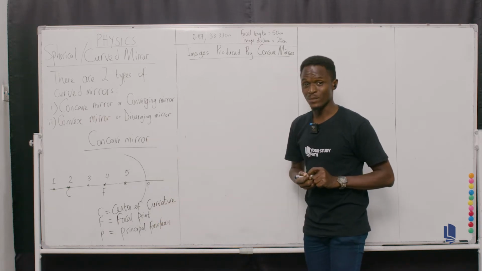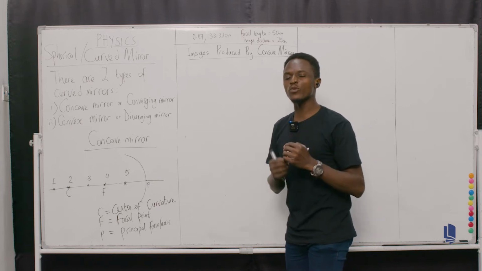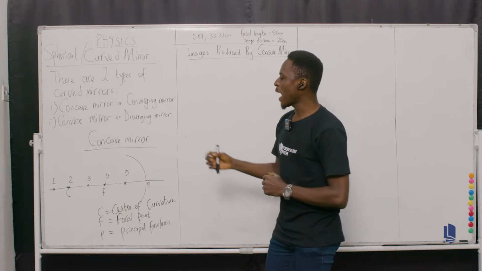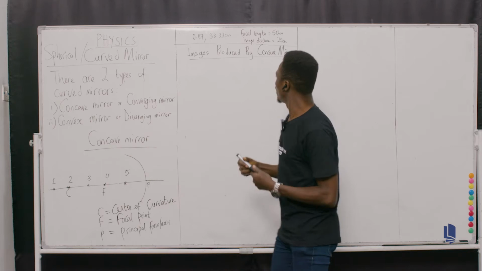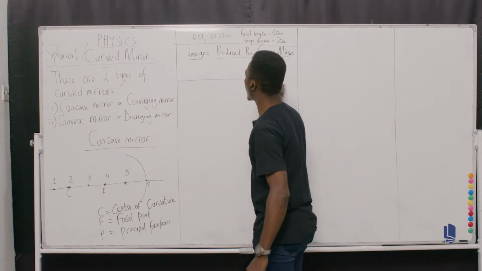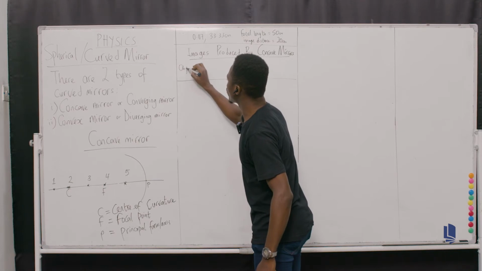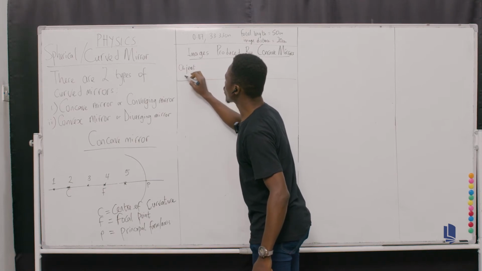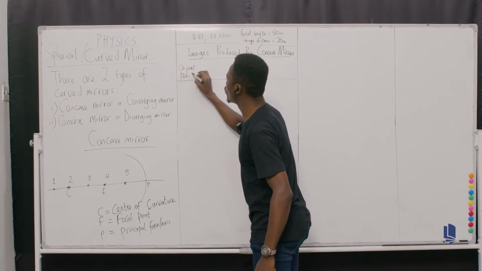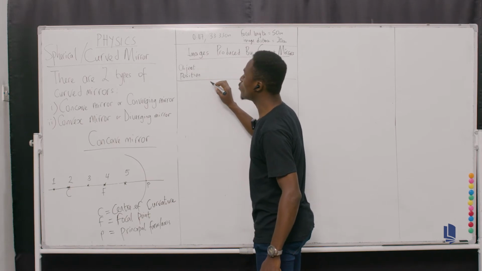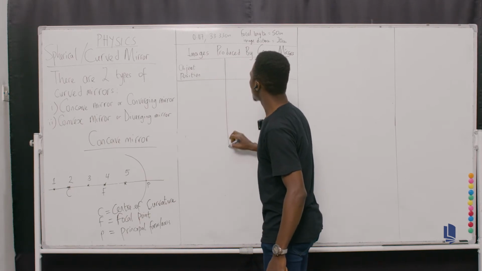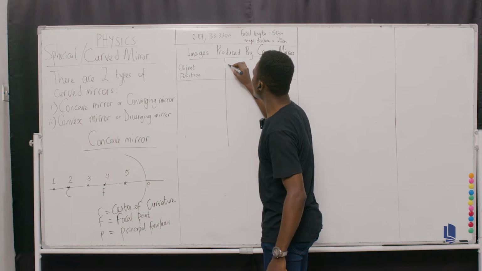Now, listen. The object is positioned at point 1. And what name do we give to point 1? We said the object position. What you must note: you must be familiar with where the object is positioned, and you must be familiar with the image position.